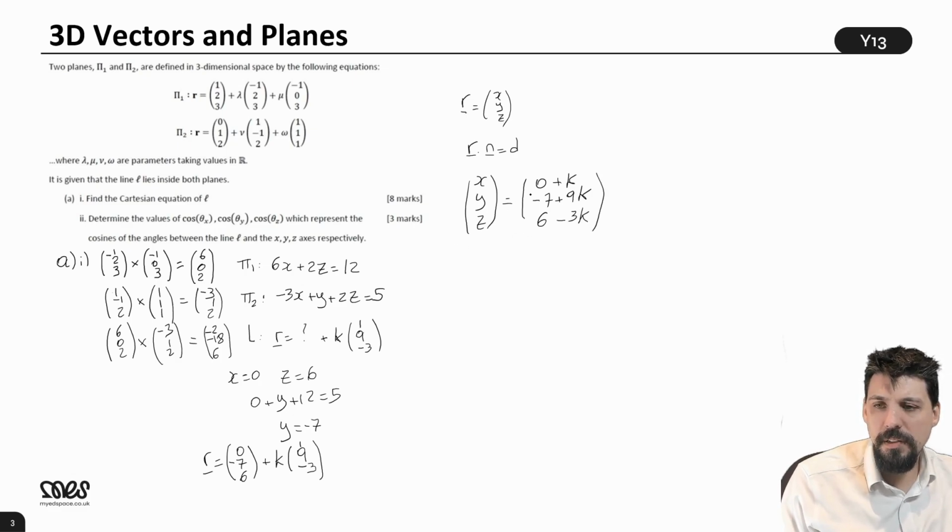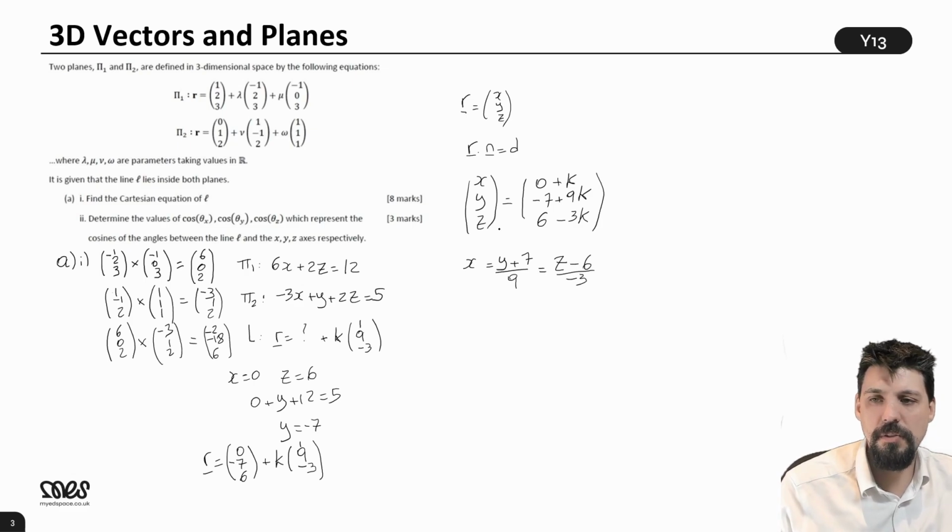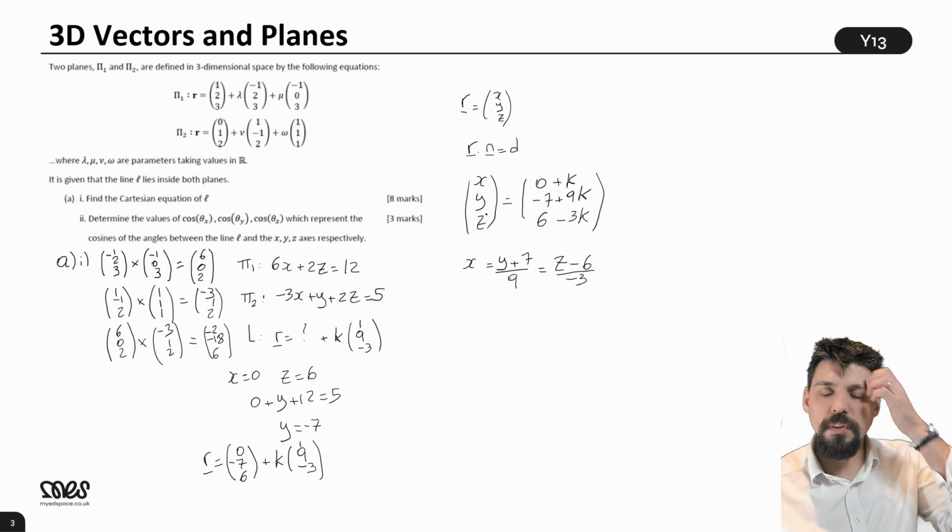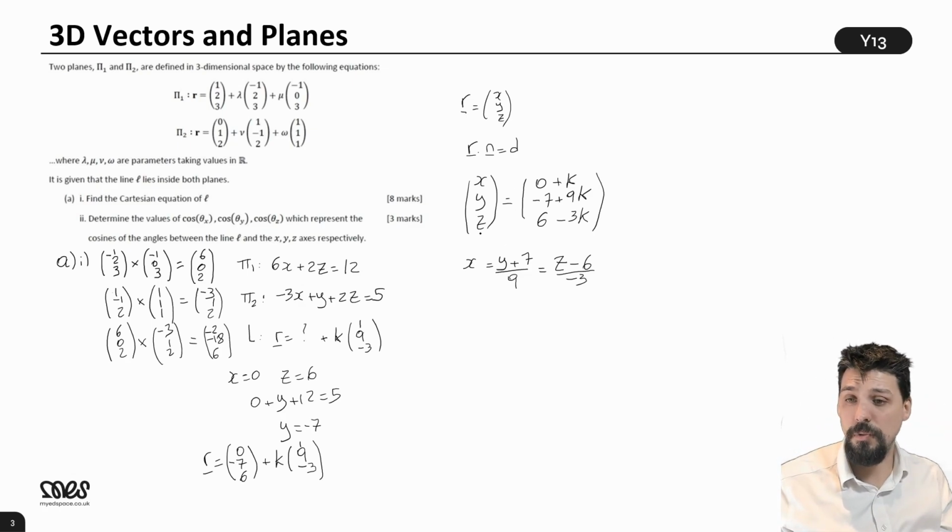And then all I need to do is rearrange each of these for k. So x is equal to k, k is y plus 7 over 9, and then z minus 6 over -3. The standard way of going from the vector equation of a line to the Cartesian equation of a line.